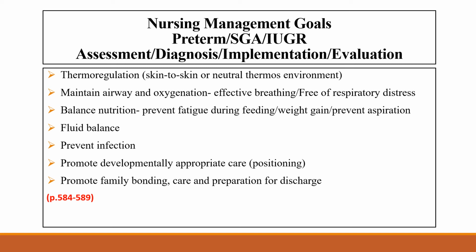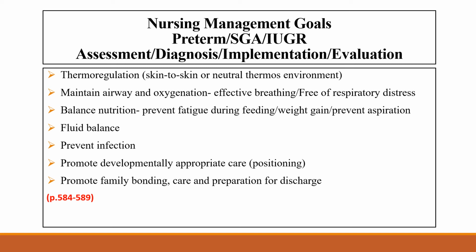We want to maintain a fluid balance for them, prevent infection, prevent anything coming into their environment which may contribute to an infection. Making sure that we're limiting venipunctures, heel sticks, IV sticks, meticulous hand washing, making sure that we're limiting exposure from people who may be sick, or making sure that everybody is maintaining aseptic technique when they're doing any type of procedures.